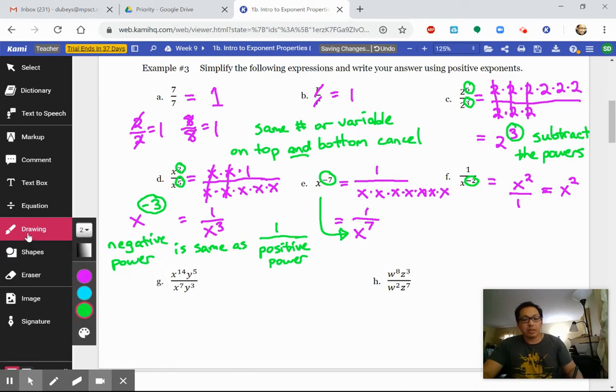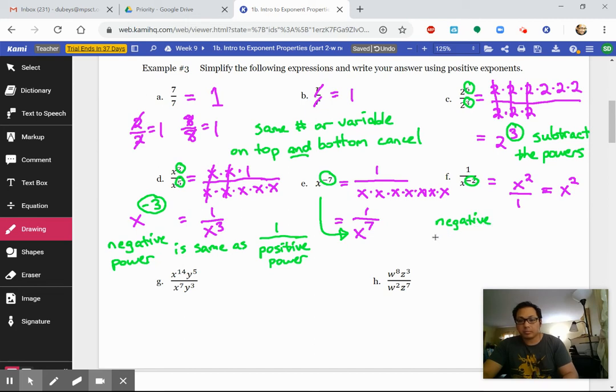So here's another thing to remember. If there's a negative power on the bottom, we can flip it to the top and make it positive.